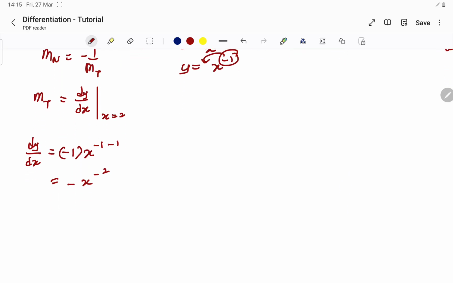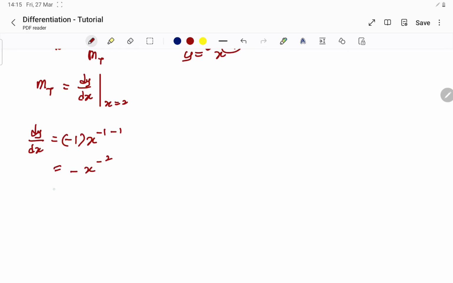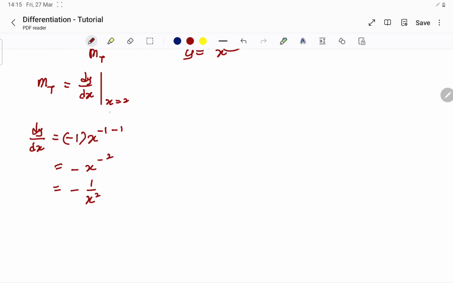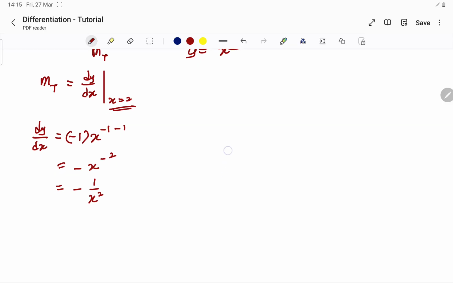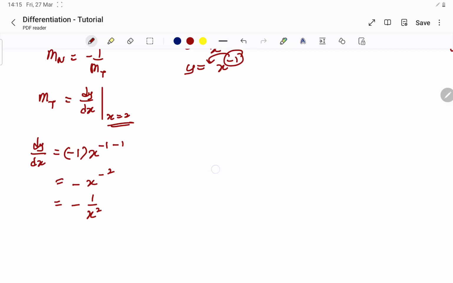From here, either you can change this to negative 1 over x square also can. So this is your dy dx, and what you have to do is substitute when x is equal to 2 inside. So to find mt, substitute x is equal to 2. You're going to get negative 1 over 2 square, which is equal to negative 1 over 4. So that is your mt.